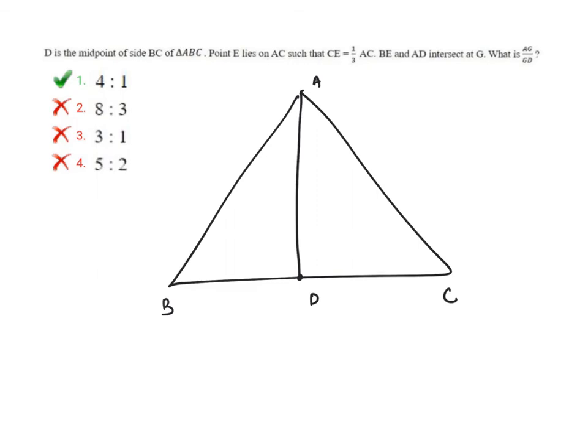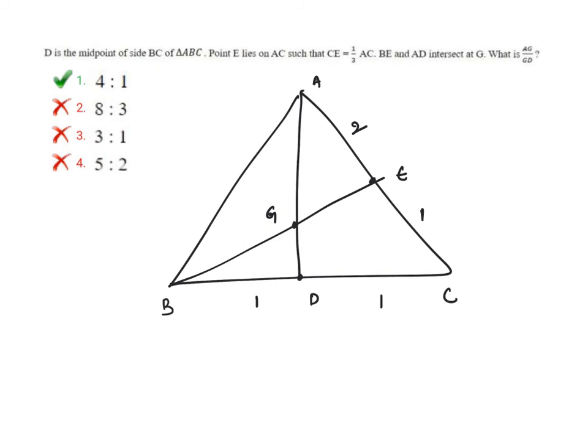Point E lies on AC such that CE is equal to 1/3 of AC, which means the remaining is 2 parts. And BE and AD intersect at G. So he is asking you, this is anyway 1:1 ratio. He is asking you AG is to GD.